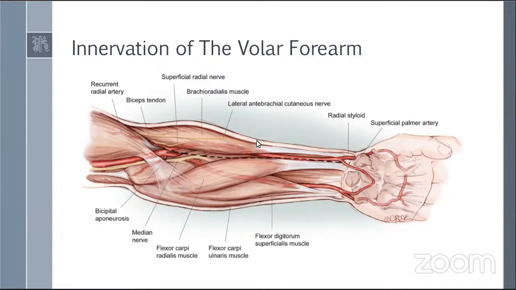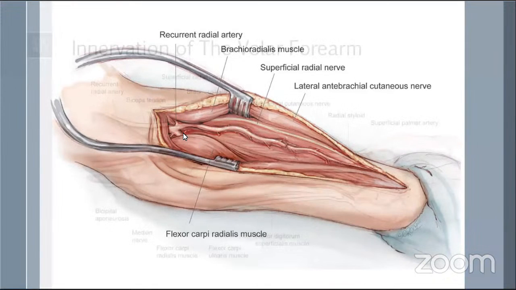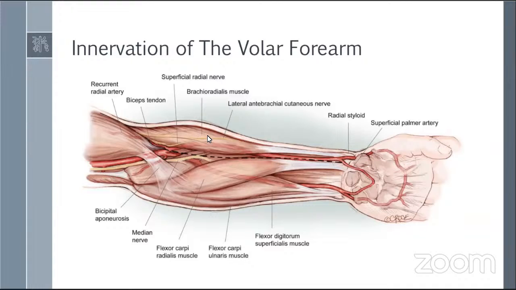As you see in this picture, which beautifully shows the superficial radial nerve, during your dissection and harvesting of the radial artery, in order to avoid injuring the lateral antebrachial cutaneous nerve, you have to dissect medial to it. You have to start your incision at this line, away from it, because usually this nerve is on the edge of the brachioradialis muscle.